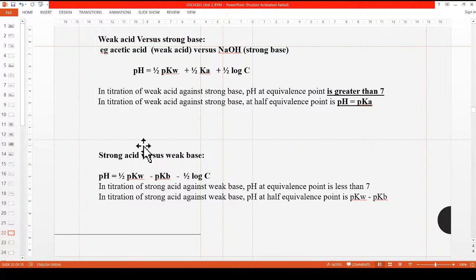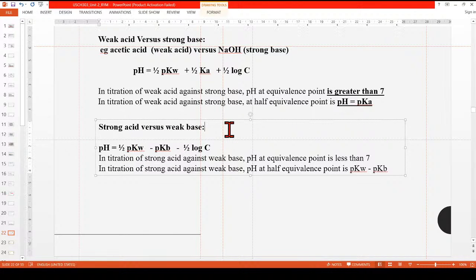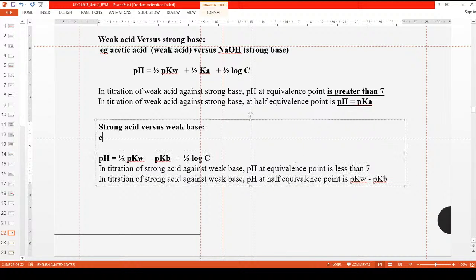Now for titration of strong acid versus weak base, tell me an example. Give an example of a strong acid. HCl. Okay, HCl is a strong acid, and this is titration of HCl versus a weak base.